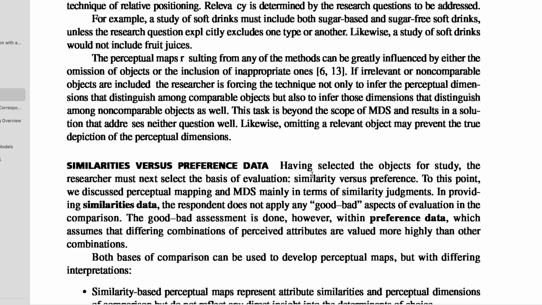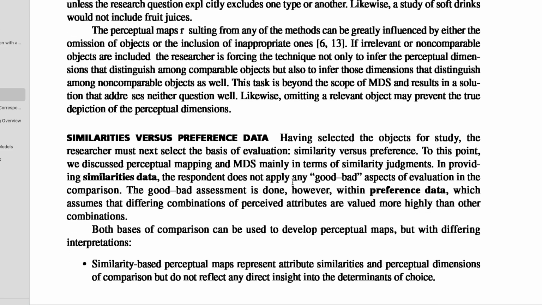The task is beyond the scope of multidimensional scaling and results in solutions that address neither, and likewise omitting a relevant object distorts the view of the objects in the perceptual map.